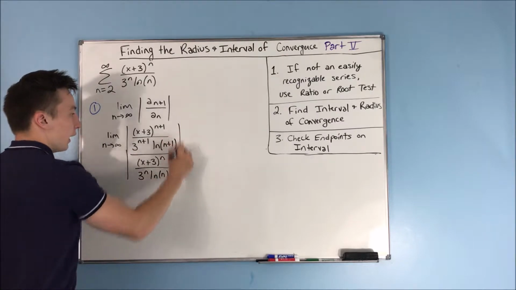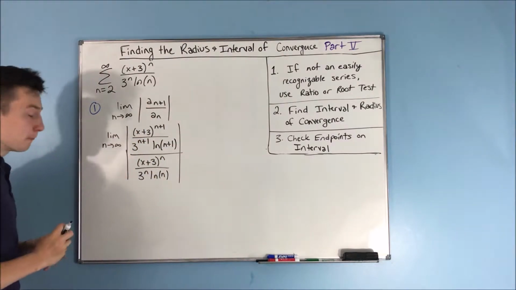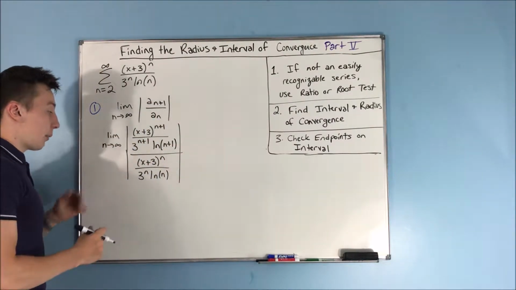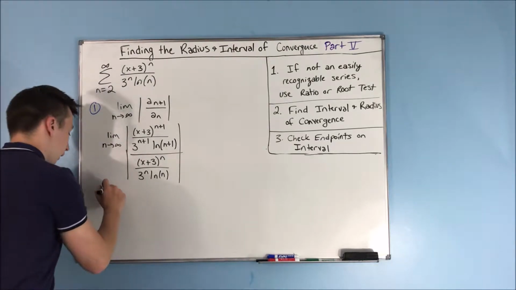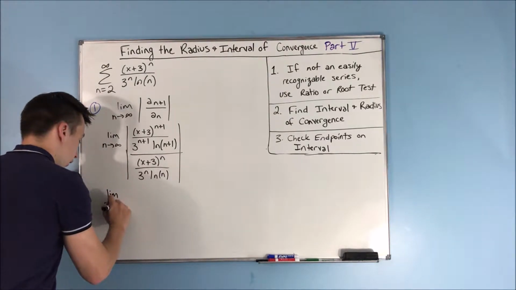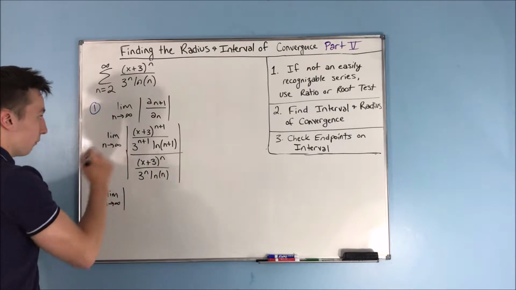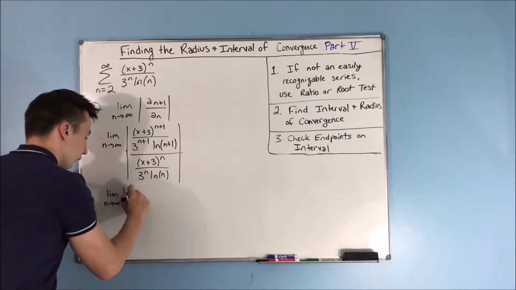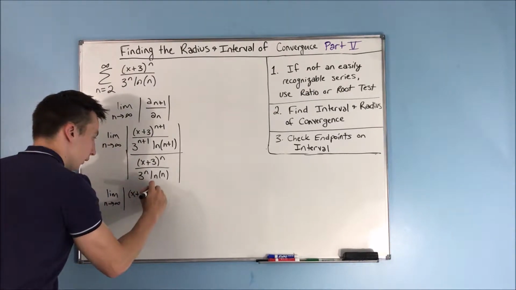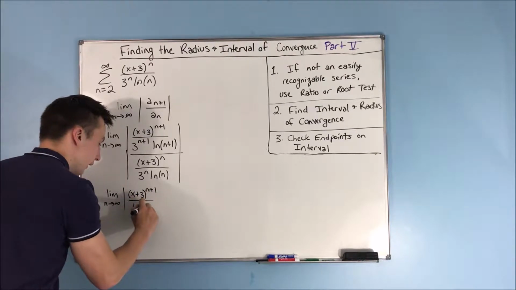Okay, that's just our a sub n that is up here. Alright, so now we're going to make this look a little bit nicer by grouping this, and we end up getting (x plus 3) to the n plus 1 over (x plus 3) to the n.